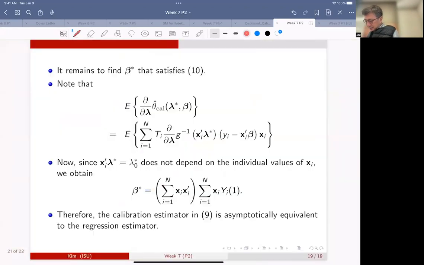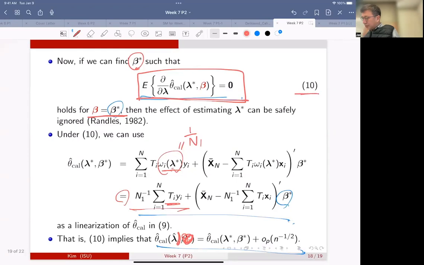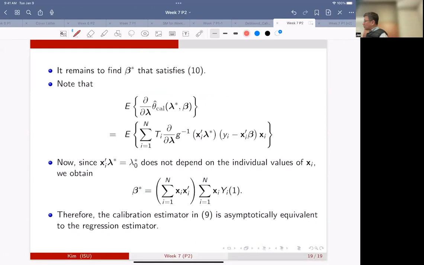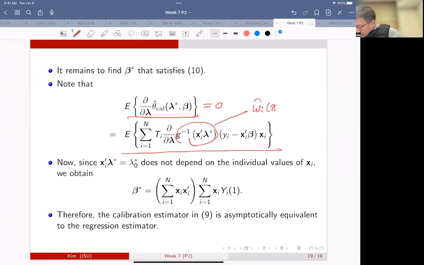So that is basically equation 10. We need to solve equation 10, right? So let's write out the component in equation 10, which is this guy. By the way, this is the weight, right? This is the W_i hat lambda, and then we apply it to stuff. By the way, what is this guy?